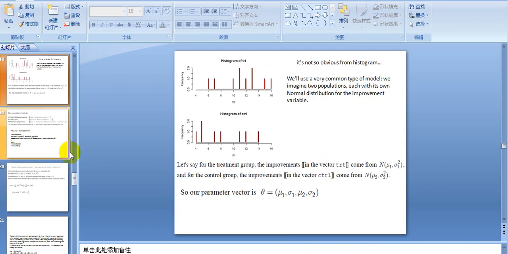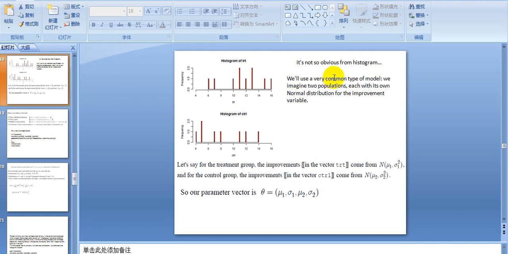So you can see, this is the treatment histogram, and this is the control. Clearly, just eyeballing it, it is not so clear whether the treatment score is bigger than the control, right? So we will try to use the Bayesian method to figure it out more.